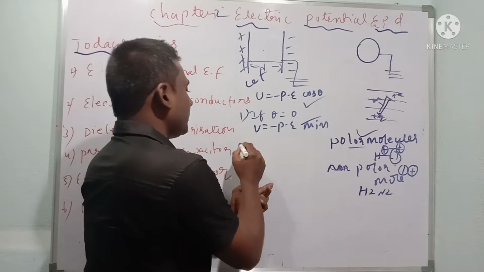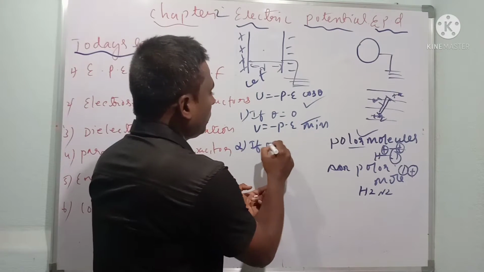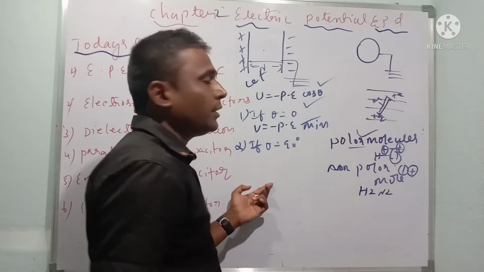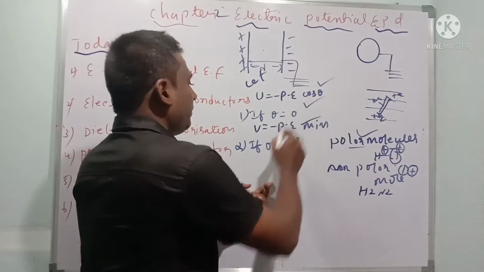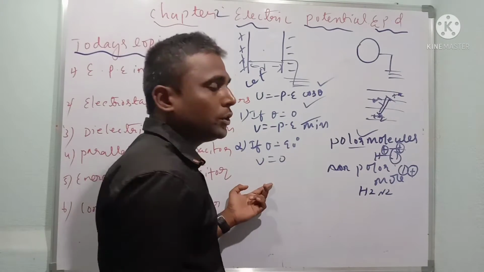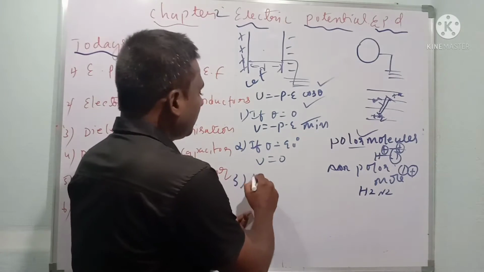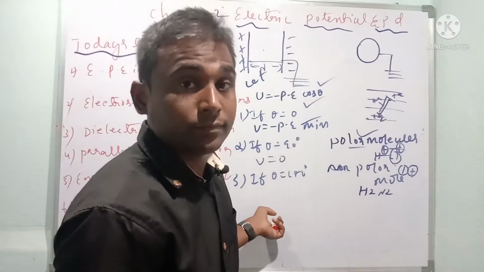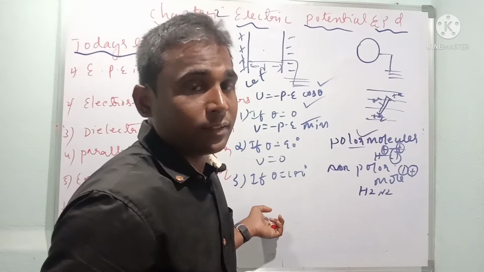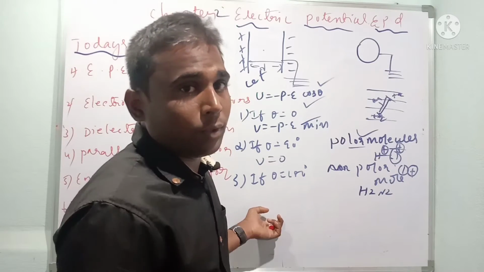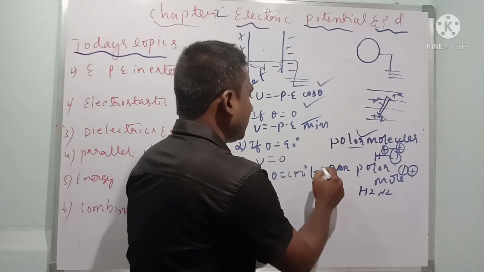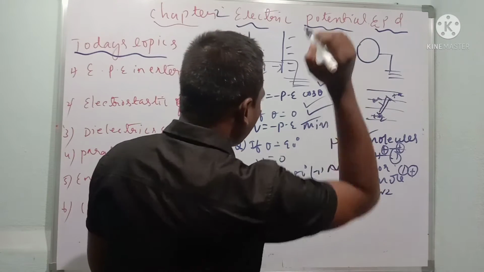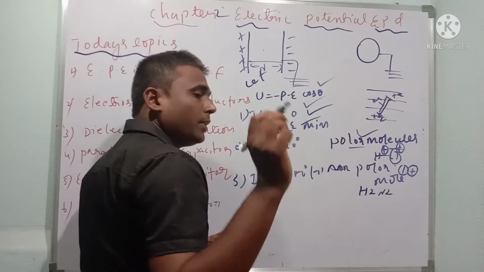Second case: if theta is equal to 90 degree, cos 90 means 0, so something into 0, the potential energy becomes 0. Third case: theta is equal to 180 degree, so cos 180. Cos 90 means 0, cos 0 means 1, cos 180 means minus 1.